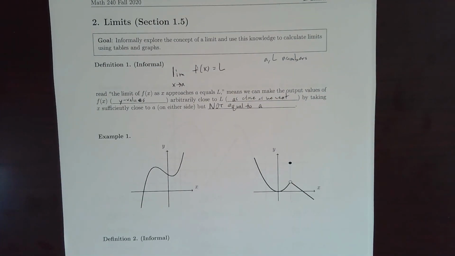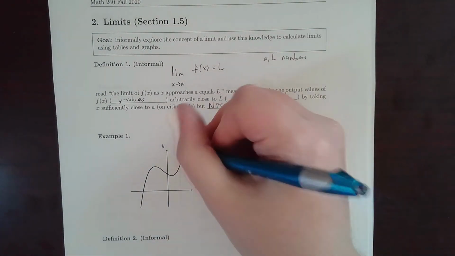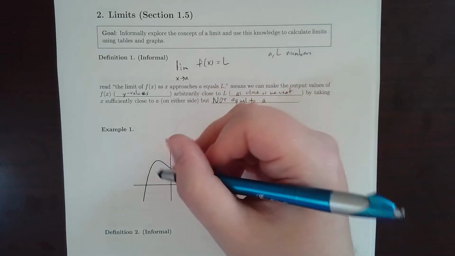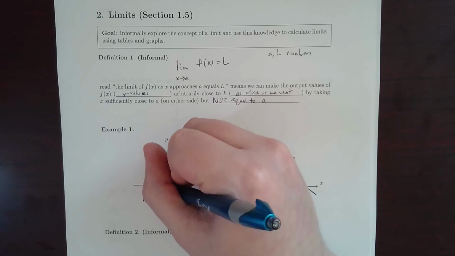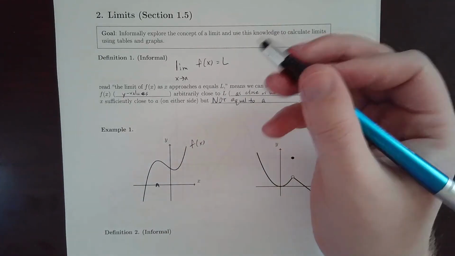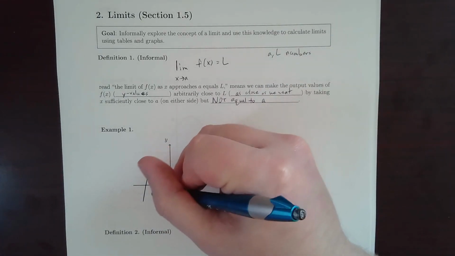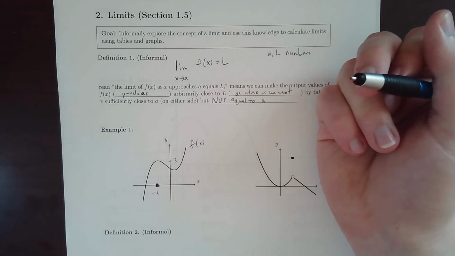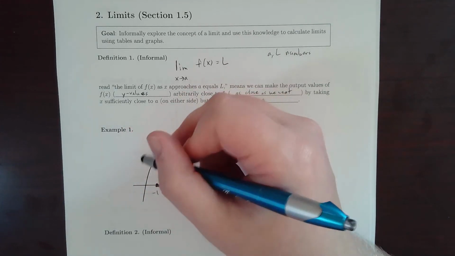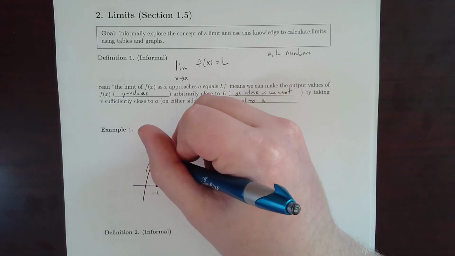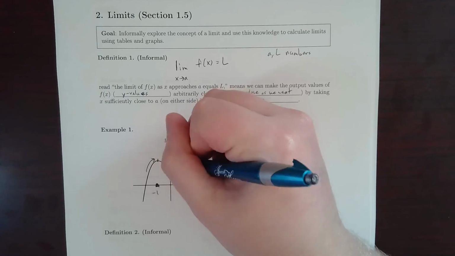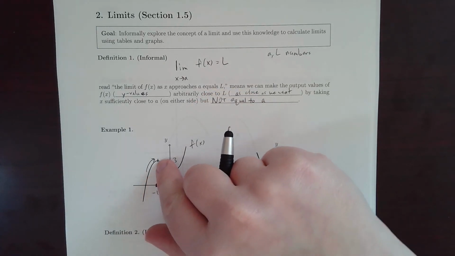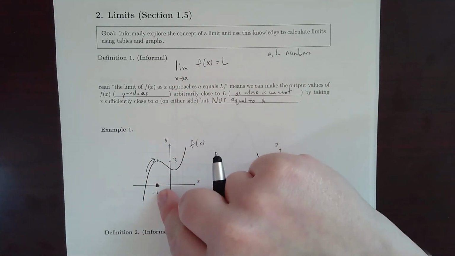As an example, say we wanted to take a look at this graph on the left, f of x. Say we wanted to look where x was equal to -1, and here our y value looks like it is 3. When we go towards the point on the graph from the left, it looks as though those y values get closer and closer to 3 as we get close to -1.